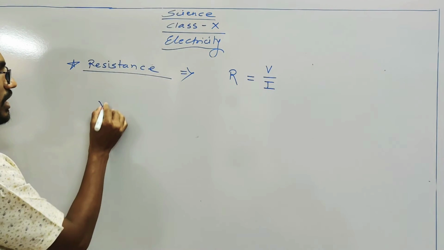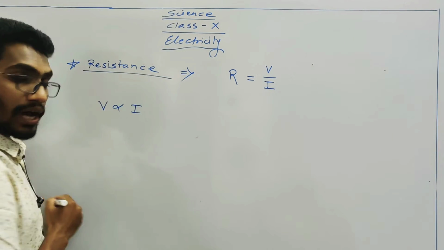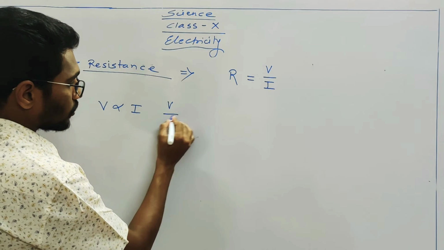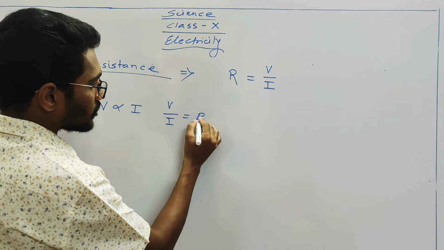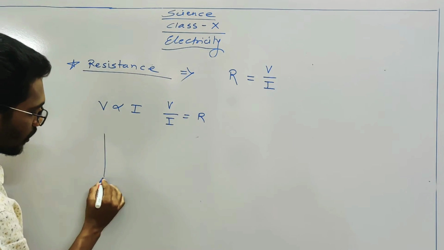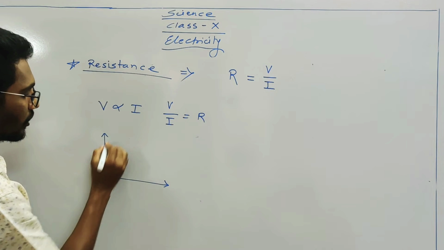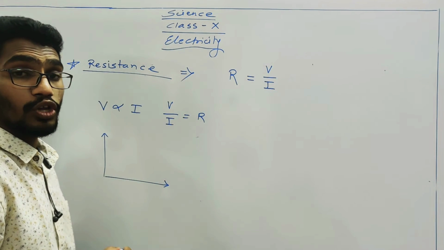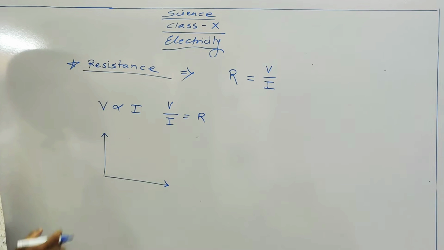Ohm's law tells us that V is directly proportional to I. According to that, V by I always remains constant R. That's why अगर आपने वीडियो देखा होगा तो उस वीडियो में you will get the particular readings and you can plot the graph on the basis of that.